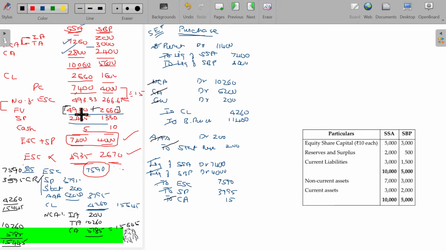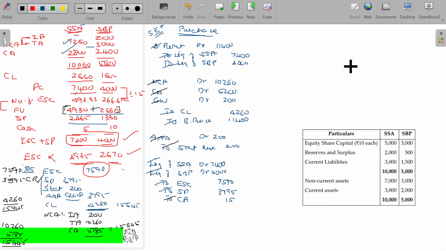Correct. Okay then. Are you able to understand this? Cross verify the numbers if there is any error. Else we will move on to the next one.